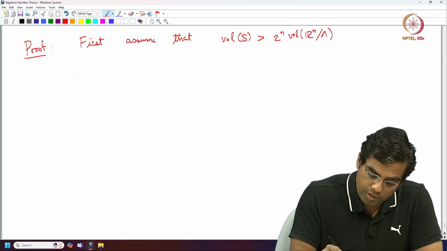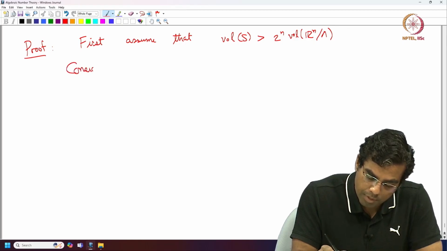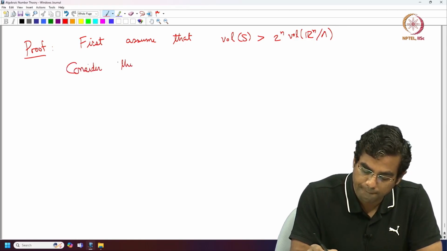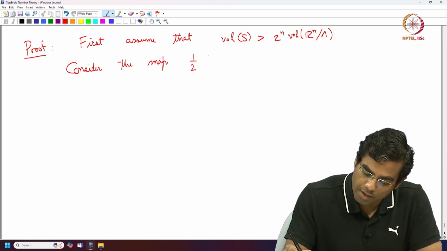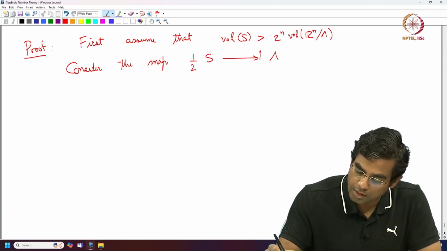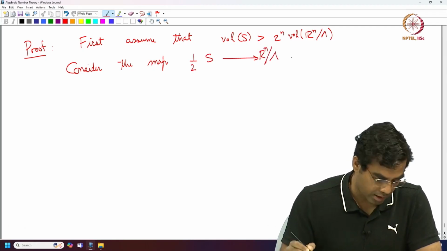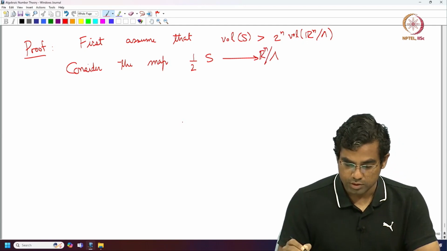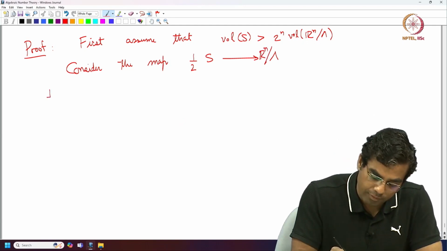Okay. So, here is the idea, it is pretty simple. What you do is you consider the map from half of S to R to the n mod lambda. So, what is half of S?